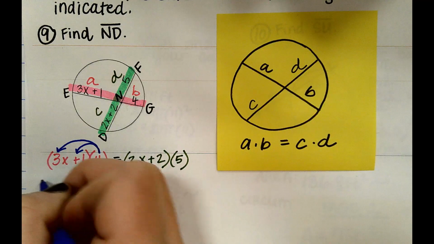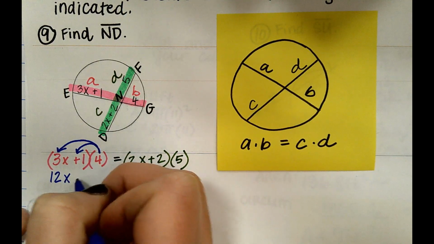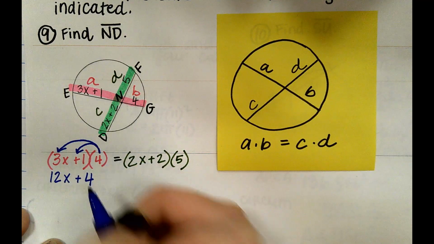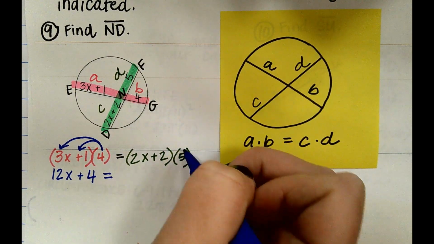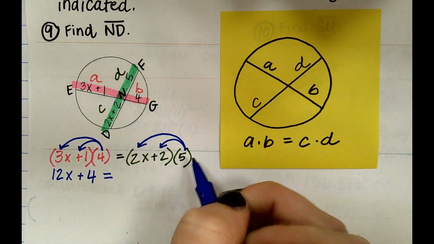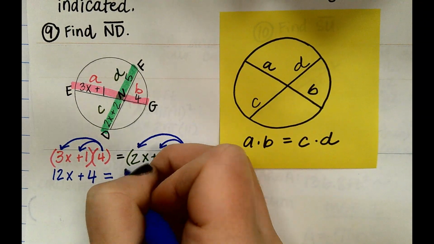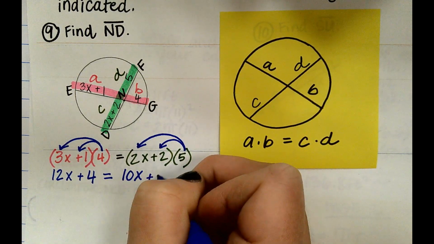So 4 times 3x gives me 12x. 4 times 1 is 4. And same thing on the other side. 5 times 2x, 10x. 5 times 2, 10.